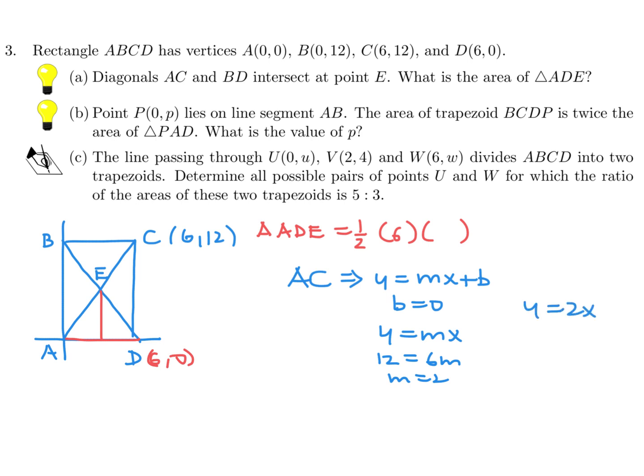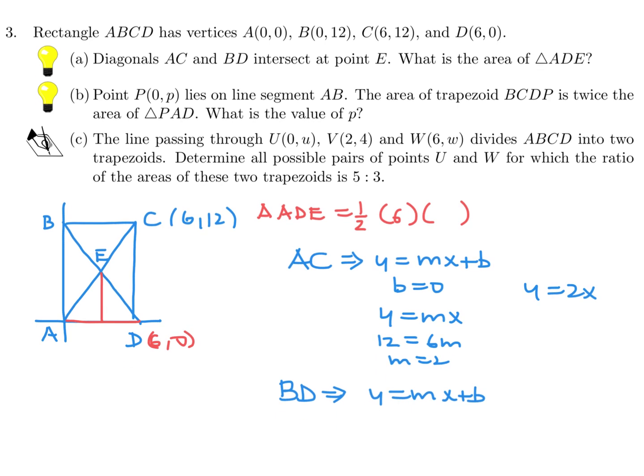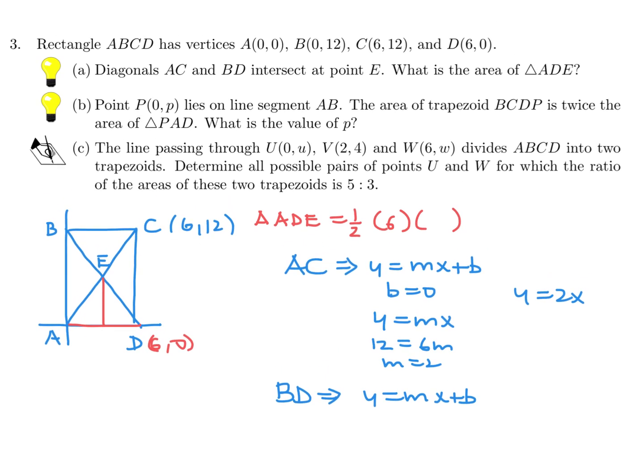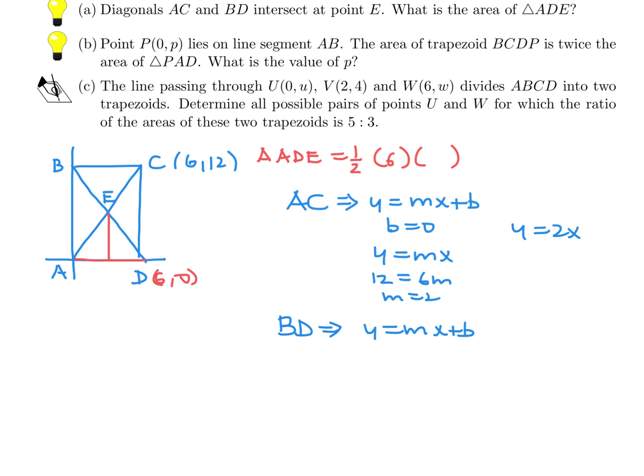And then we're going to find the equation of BD. Same story. y equals mx plus b. I'm going to substitute a point, right? So which point am I going to use? What's B again? B was 0, 12.